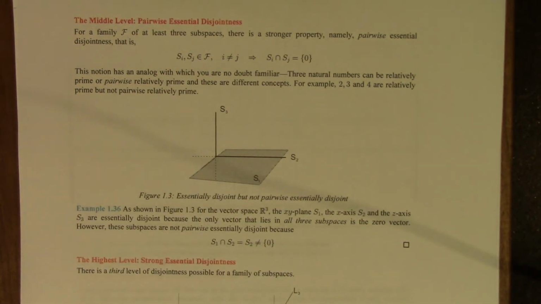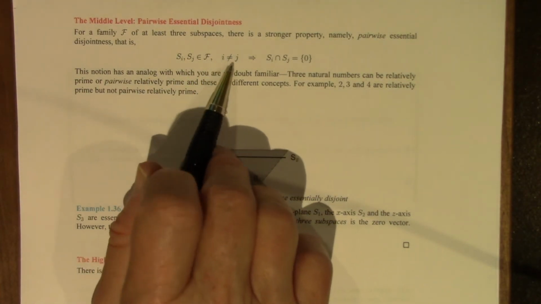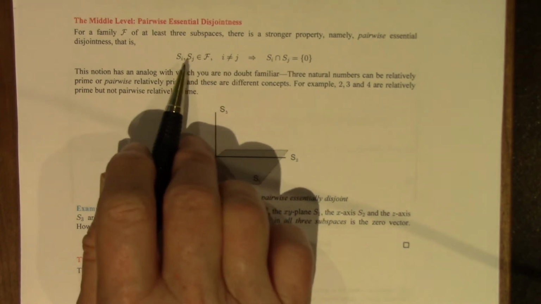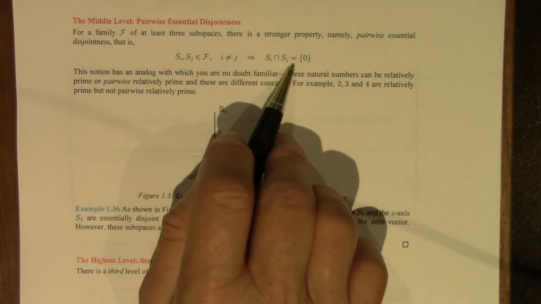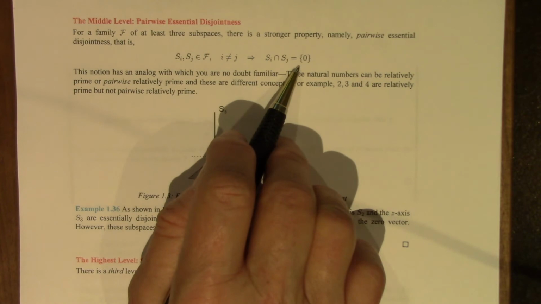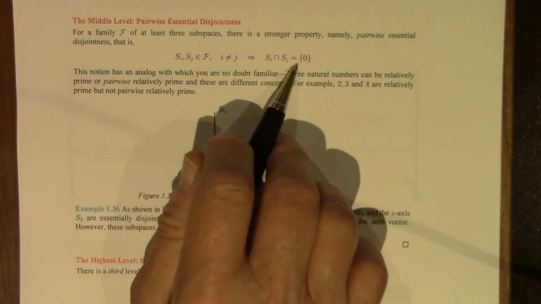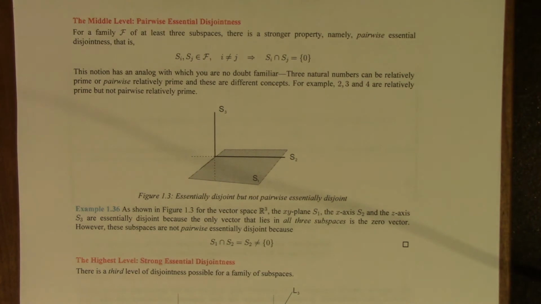Families could be multisets. So I have to be very specific about saying if the indices are different, the 2 indexed subspaces are disjoint. So in this case, there cannot be any duplicates unless it's the trivial subspace that can appear more than once in the family. Okay, so this is pairwise essential disjointness.